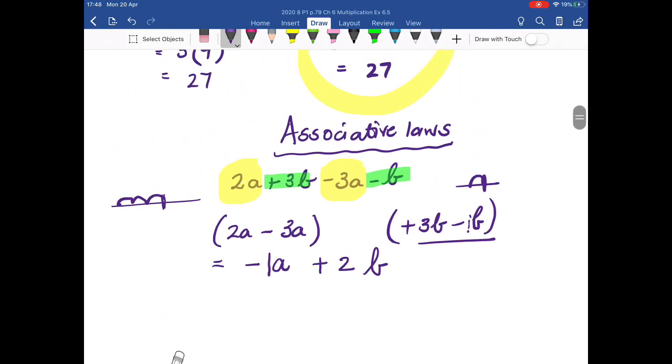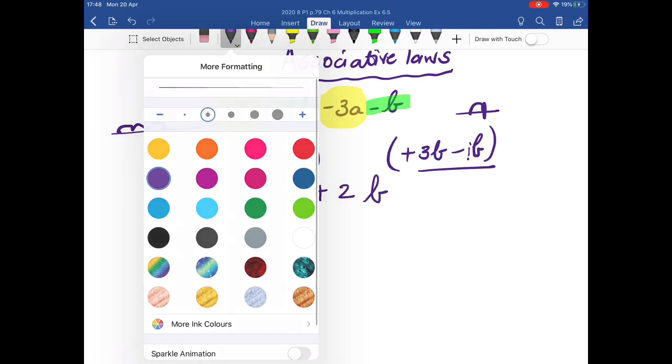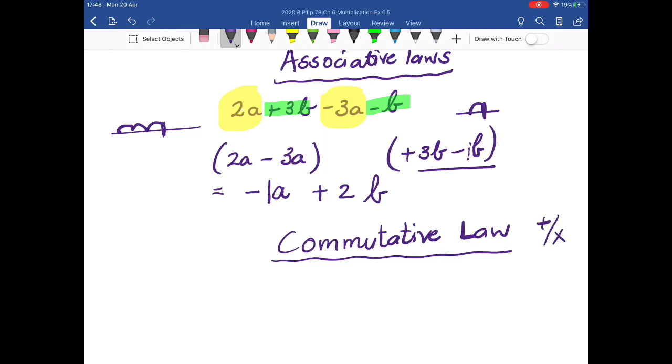The other law is the commutative law. And this only works when we have multiplication and or addition.